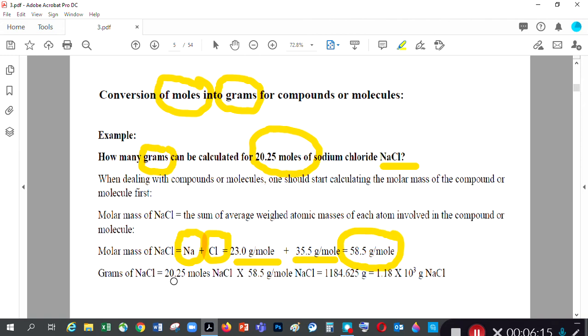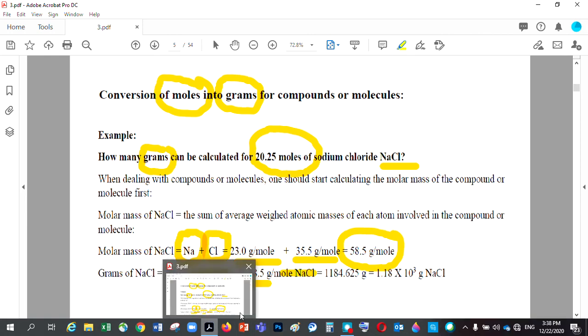Now the 2.5 moles of sodium chloride compound given, we multiply by the molar mass, which is grams per mole. You will see nicely that the moles cancel out. And this is the key to solving those problems.